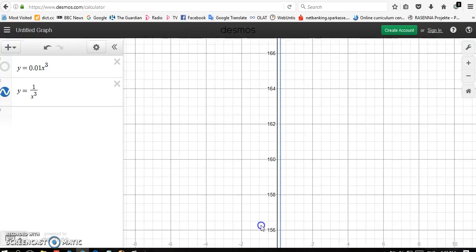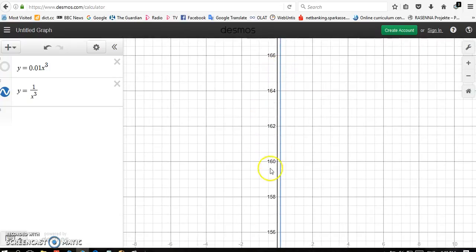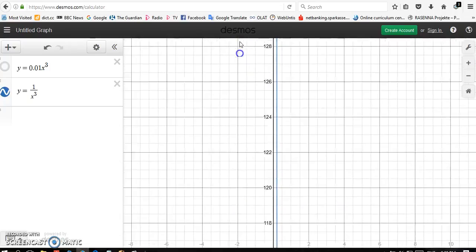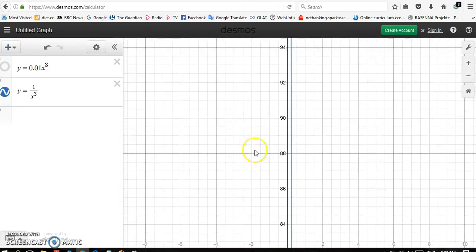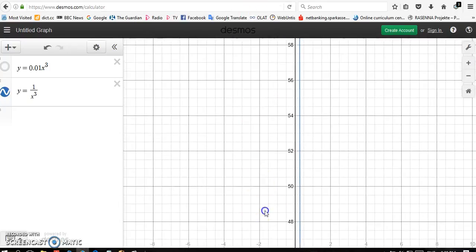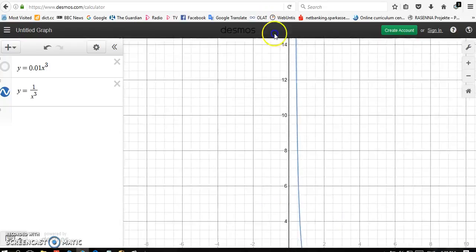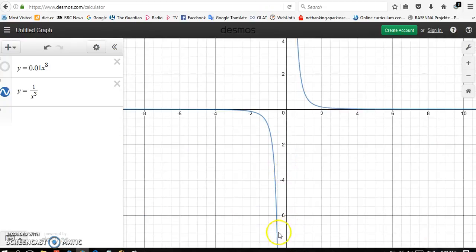You can notice that it gets closer and closer to the y-axis, but it never hits it. And this would look exactly the same if I went in the negative direction. It would get closer and closer to this y-axis, but it would never hit it.